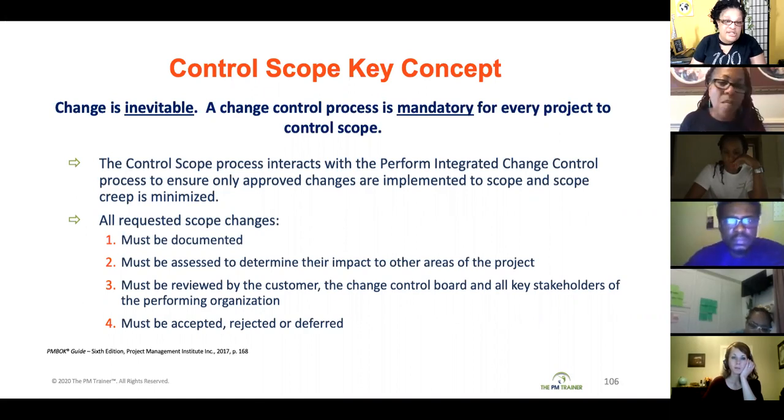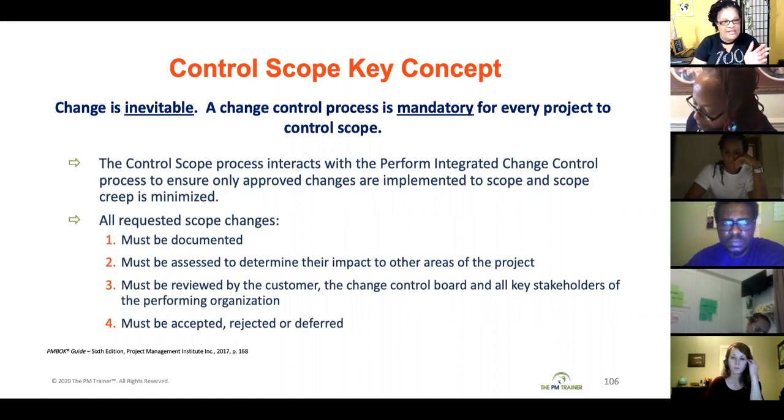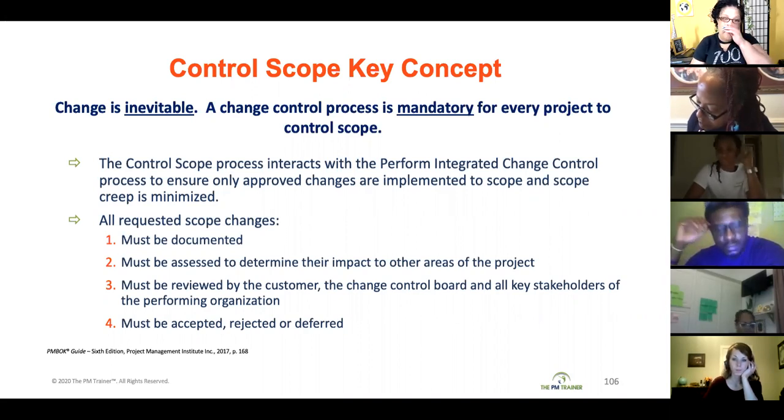Is it disapproved, right? And then once you have gotten it approved, now you've got to mix it into your other project plans. So there's probably going to be some cost baseline changes. There's probably going to be some schedule baseline changes. But the key is it's controlled changes to your scope. And your scope is not just changing willy-nilly.